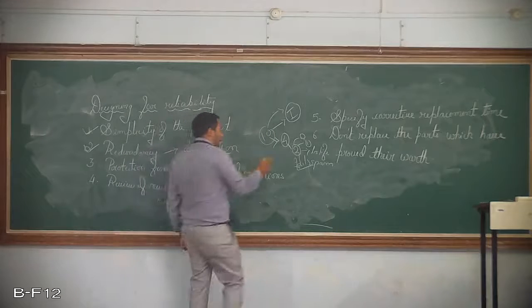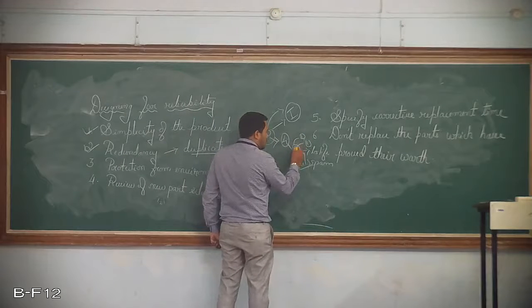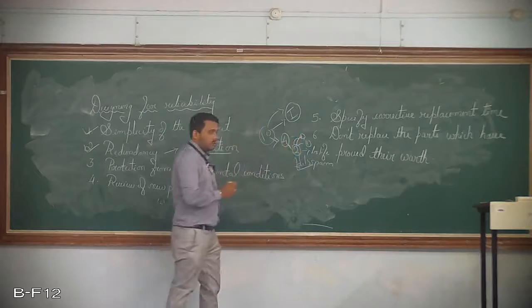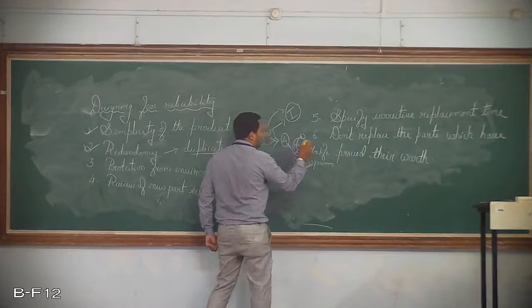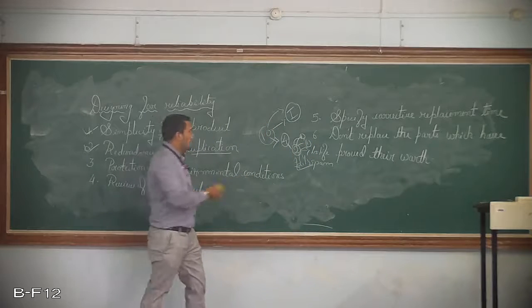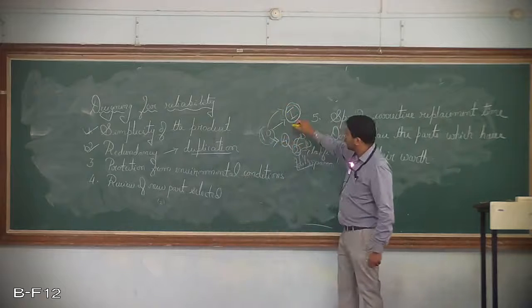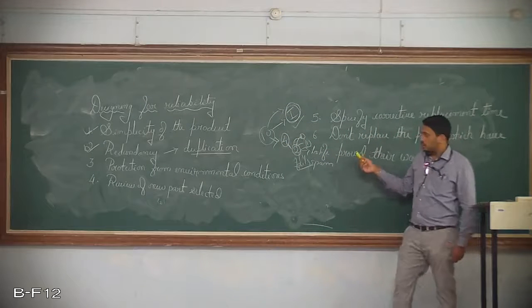So this will act as a duplicate part. Whenever one part fails, its function will be done by the duplicate part, and if the other part also fails, that function will be done by its duplicate. Hence, the lifespan or the reliability of the product is increased by involving redundancy.